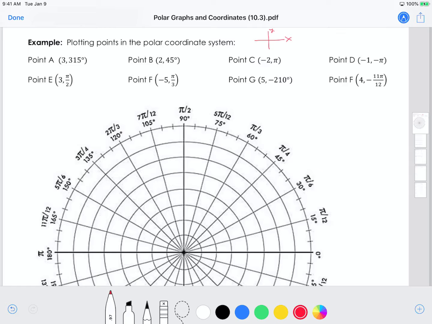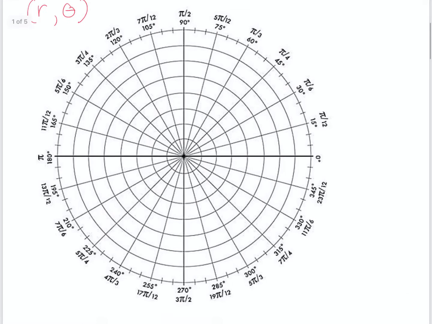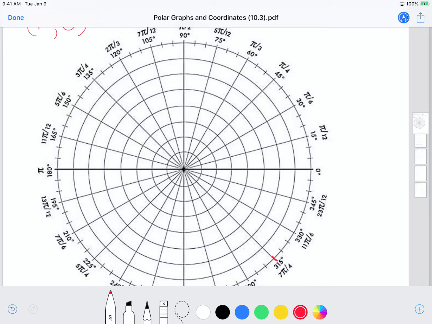Polar coordinates start with r, that's your radius, how far you're going to come out from the center, and then your angle, that's how far you're going to sweep open. For point A, we're going to have a radius of 3, and we're going to swing open 315 degrees. If you notice, 315 degrees is right here.